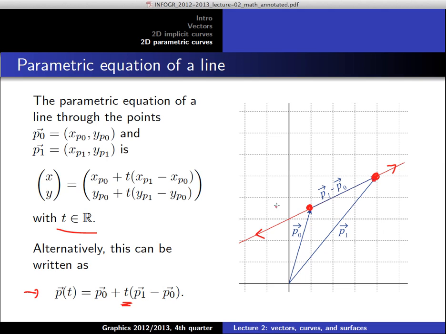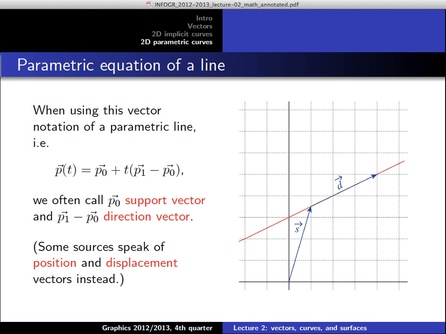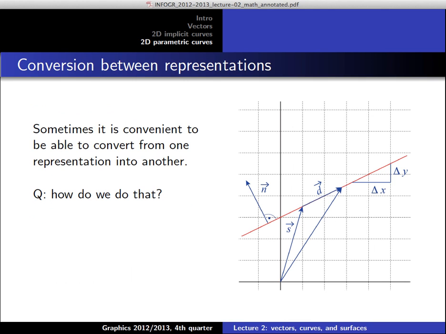And of course, if t is smaller than 0, then also in the opposite direction. So that should be very intuitively clear and simple to understand. These are the 2 vectors that define the line, and that's why they often have a special name. They're usually called the support vector or the direction vector, depending on which book or source you look at. You also sometimes find position or displacement vector.